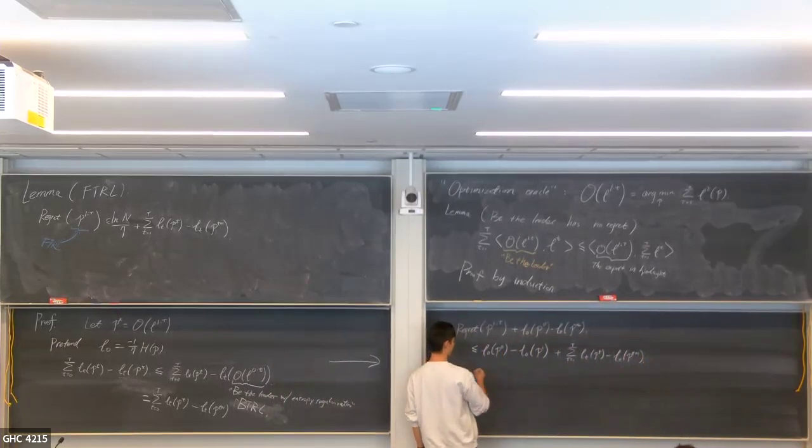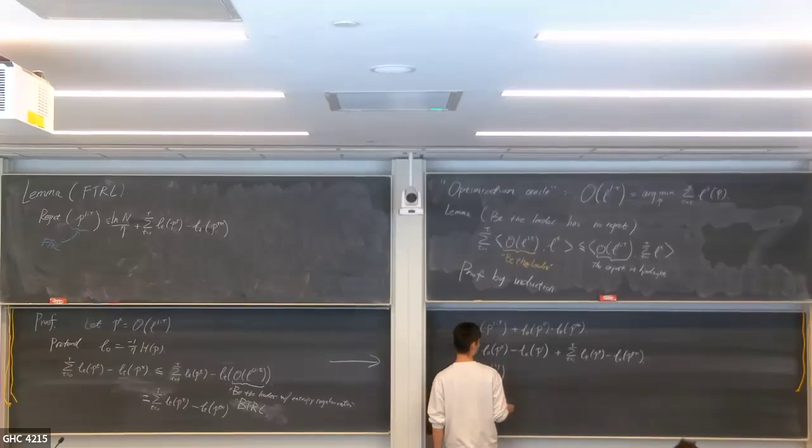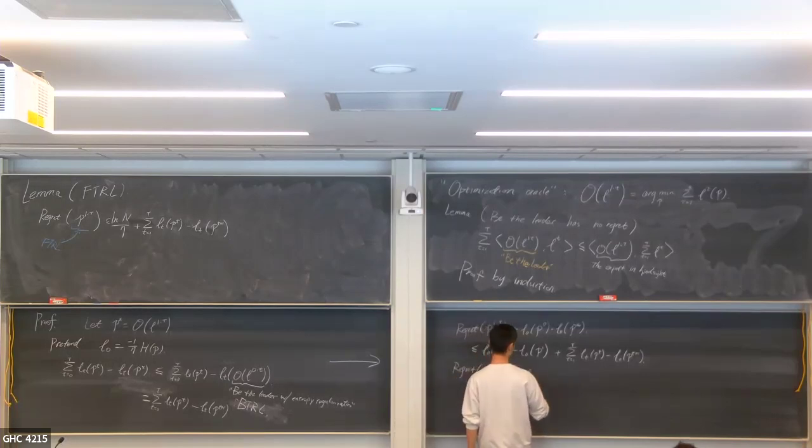There's some cancellation, but the regret of P1 through T is no more than, what do I get? L0 of P.